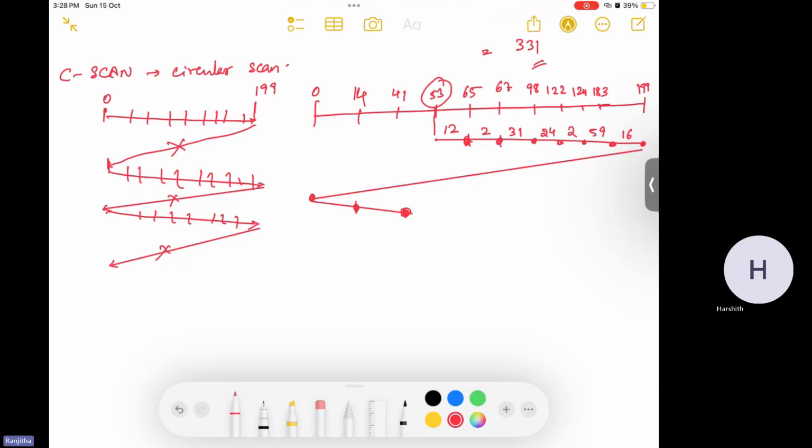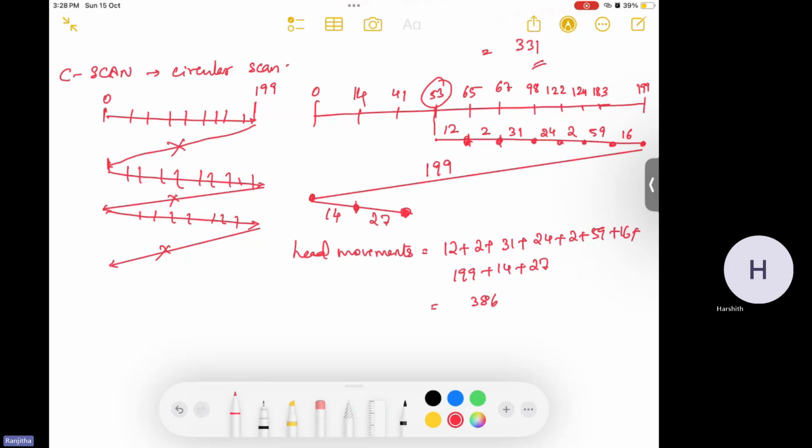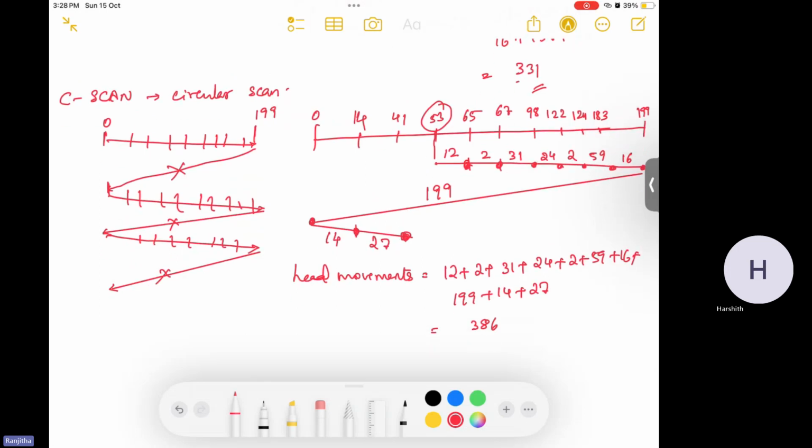Then from 199 to 0, which is 199, then 14 and 27. So here the head movements will be 12 plus 2 plus 31 plus 24 plus 2 plus 59 plus 16 plus 199 plus 14 plus 27, which is equal to 386, which is slightly higher than 331.